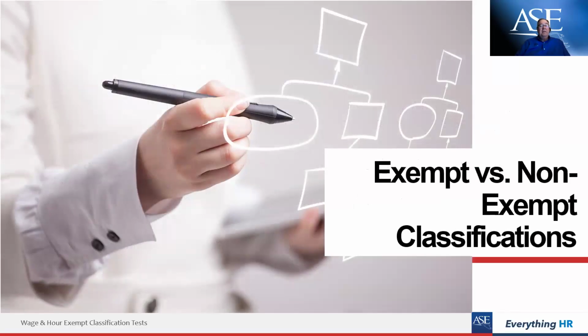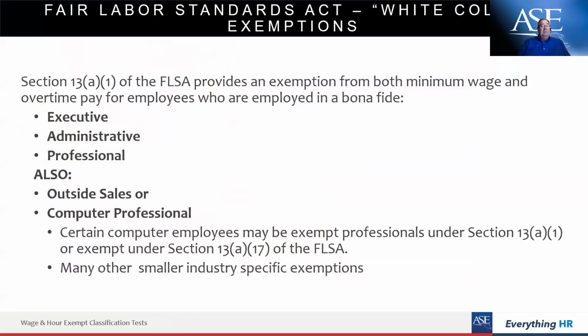Okay, so where does the salary level test fit in when you're determining whether a position in your organization is exempt or non-exempt? Some of you may know, and maybe all of you know, there are 5 major exemptions under the Fair Labor Standards Act. Now, in saying that, there are a myriad of smaller industry-specific exemptions.